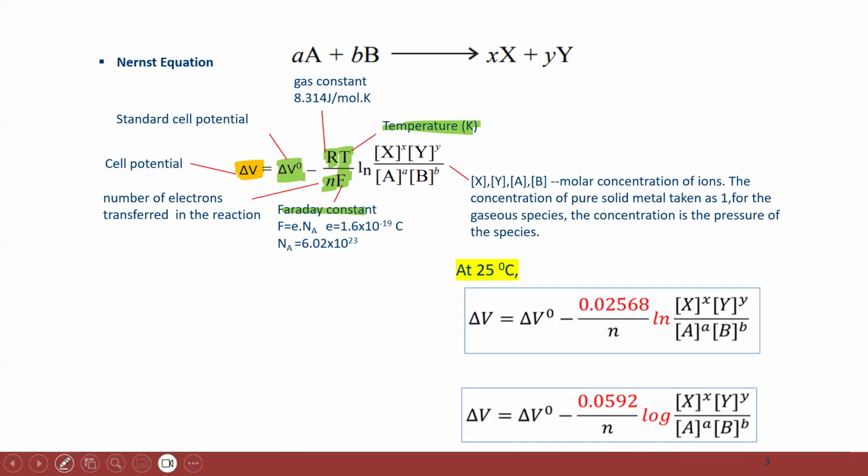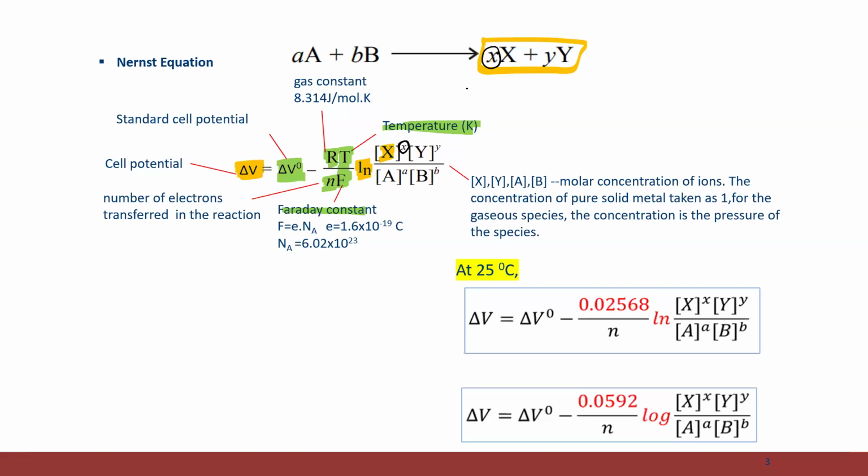And here we have ln, and these are the concentrations of the solutions on the output side. If you have a concentration of maybe 0.1 moles per liter, then this capital X will be 0.1, and whatever number we get when we balance the equation will be this small x.